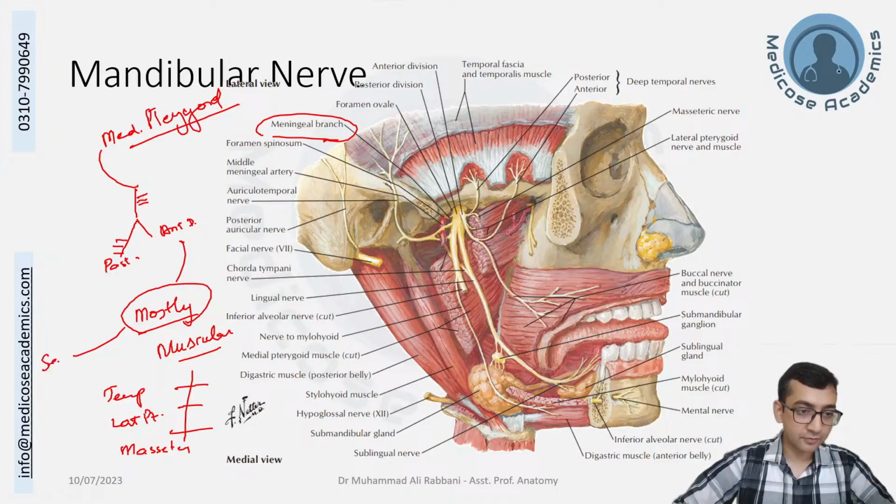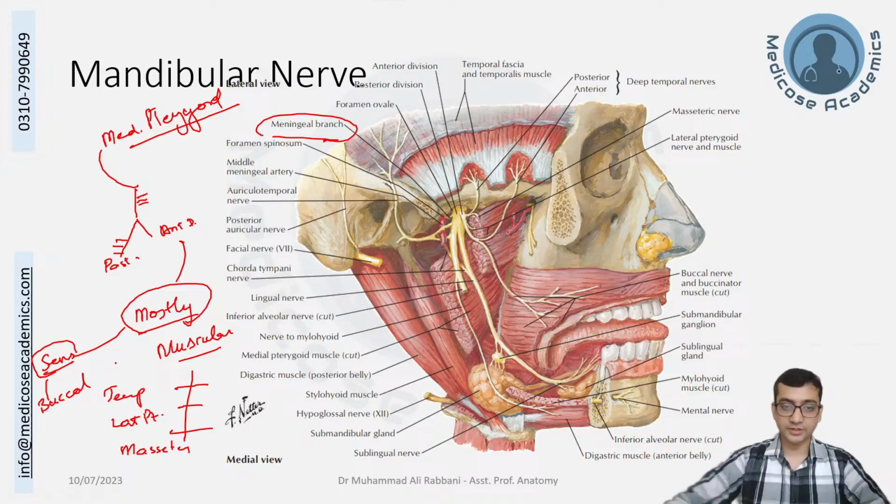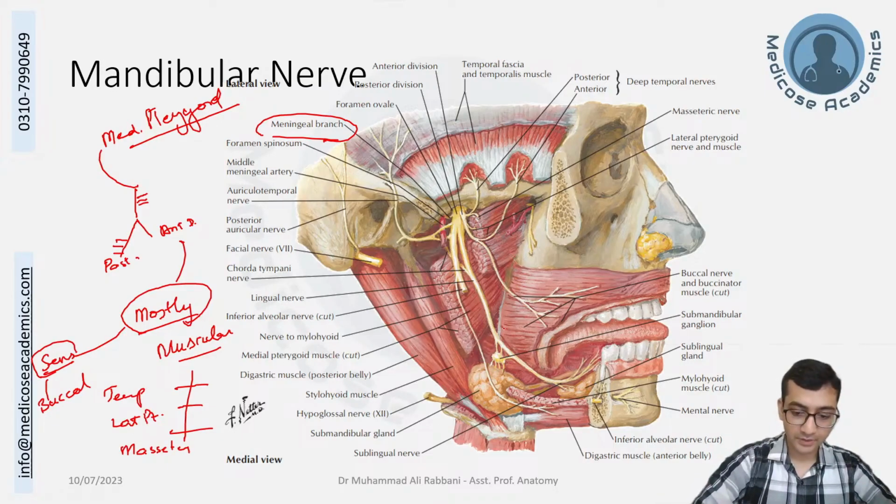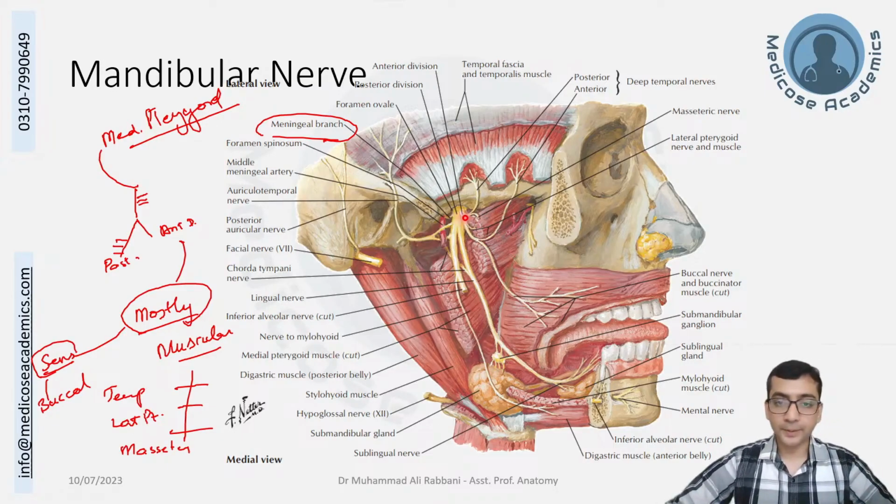This sensory nerve would be the one that is a sensory supply, that will be the buccal nerve. Let's follow these nerves and find them. The ones going to the temporalis muscle are called temporal nerves, anterior and posterior.